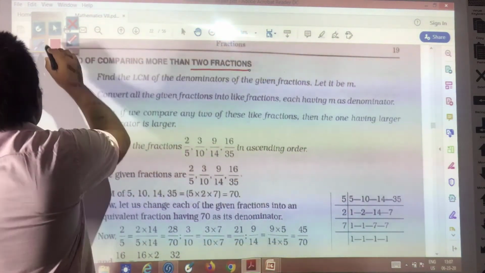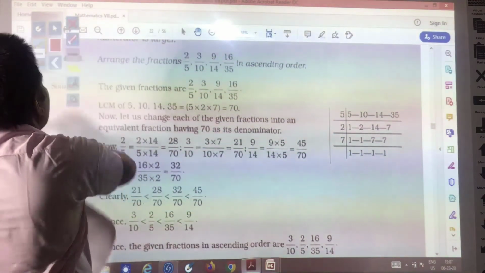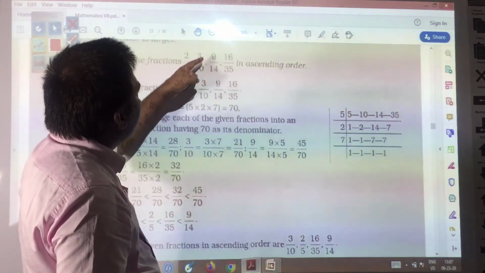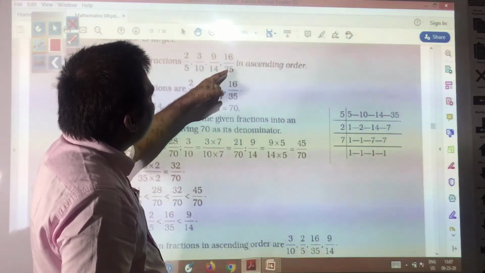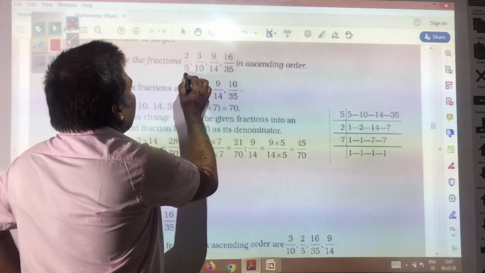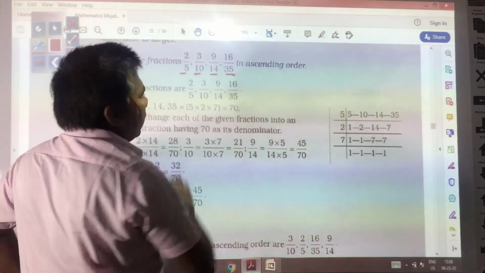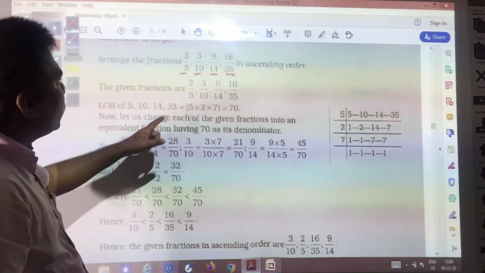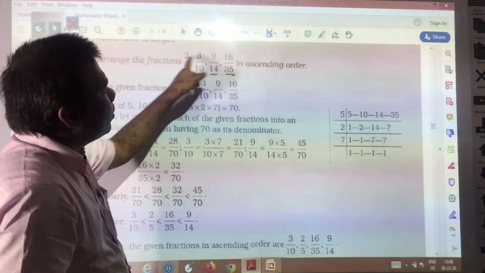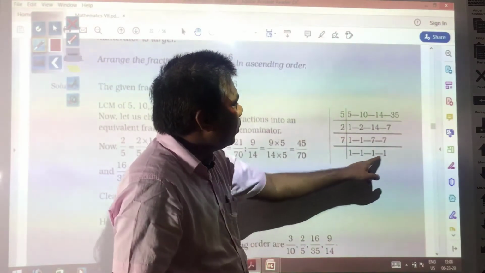So, as in the example you see, example 6 has been given: arrange the fractions 2 by 5, 3 by 10, 9 by 14, 16 by 35 in ascending order. Here you see the denominators you have are 5, 10, 14 and 35. So, what you need to do? You need to find the LCM of these numbers.